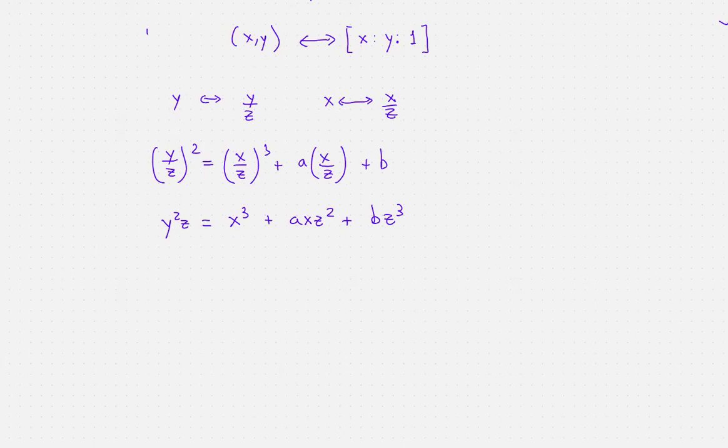And that's precisely the point 0, 1, 0. So if we plug in x equals 0, y equals 1, and z equals 0, we will realize that both sides of this equation are 0.